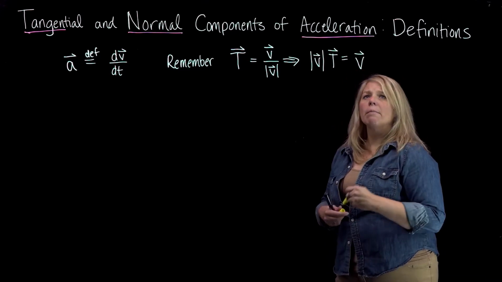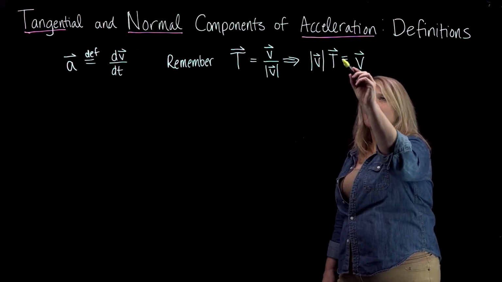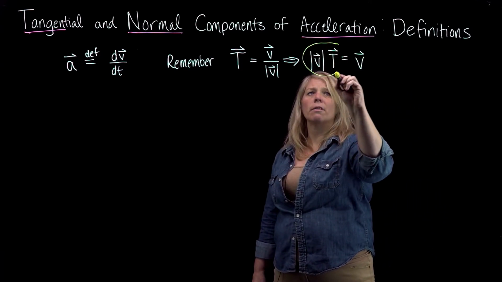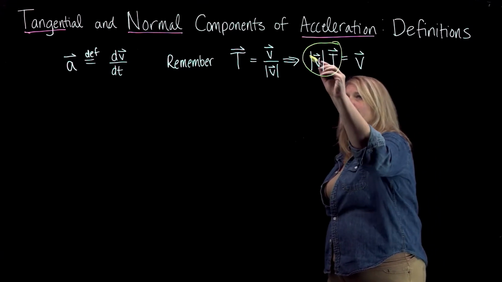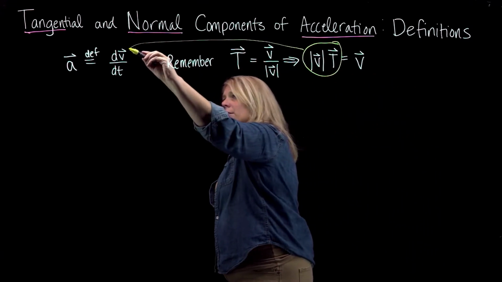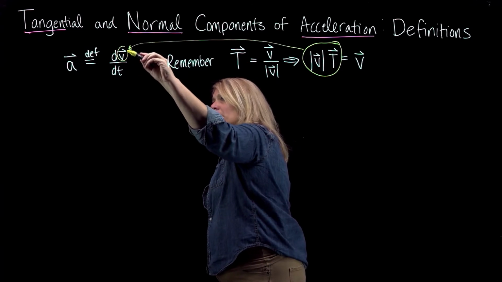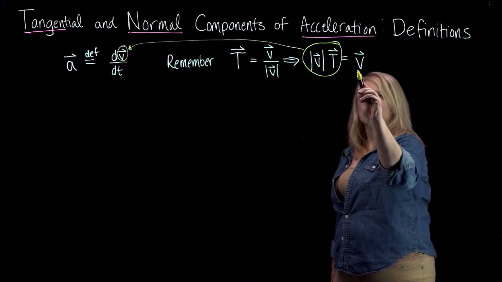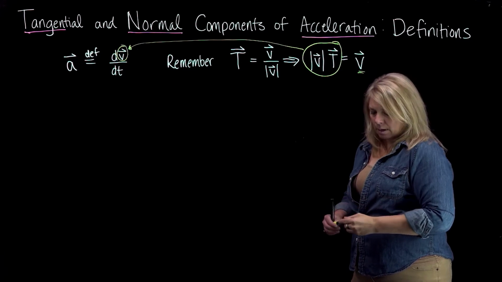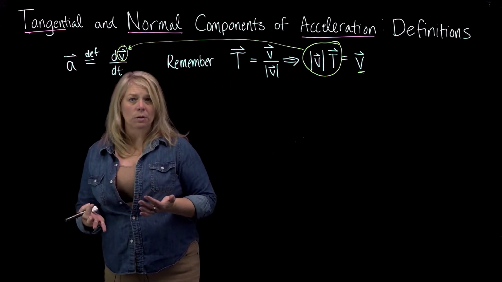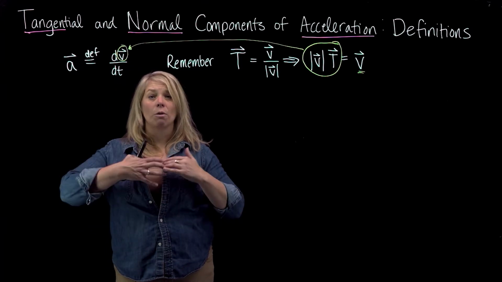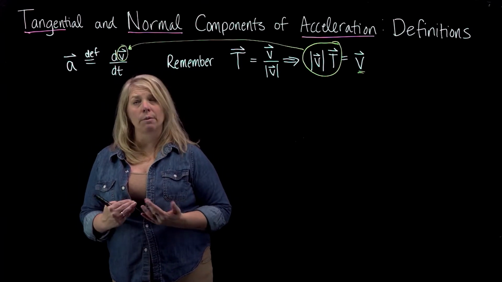All right, so what I'm going to do now is take this expression, the magnitude of the velocity vector times the unit tangent vector, and put that into this definition in place of that v right there, since that's equal to v. Okay, and then as we go through this, we're going to just let the symbols tell us what to do. I'm going to say that to you often in this class: let the symbols tell you what to do.